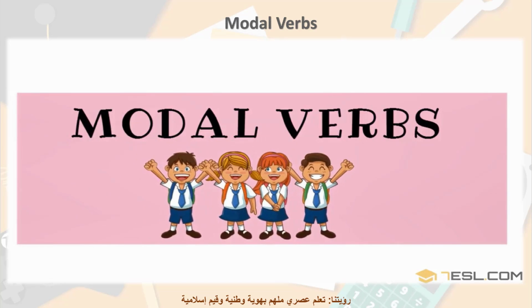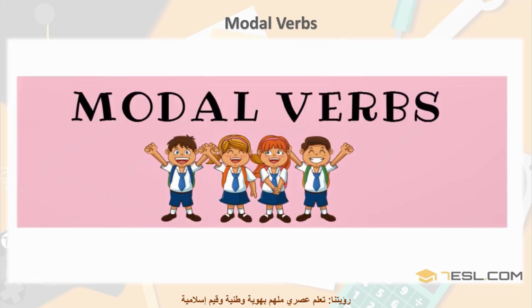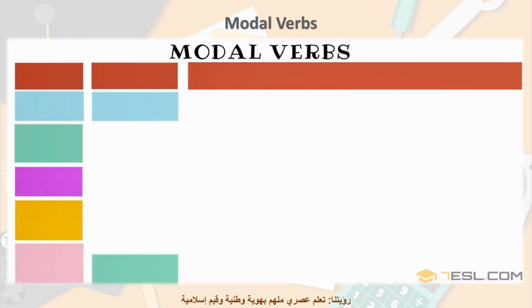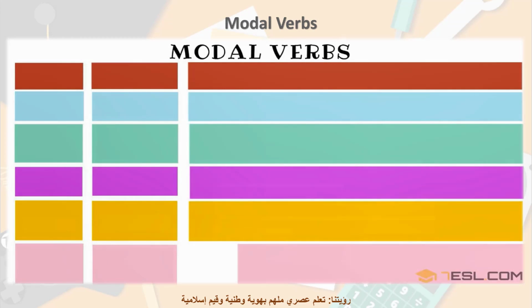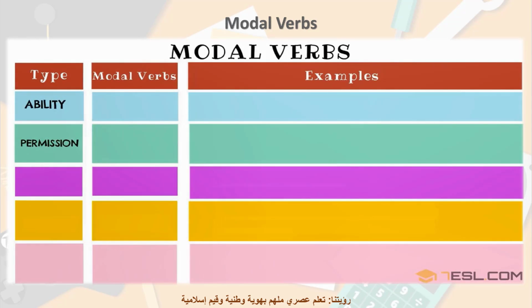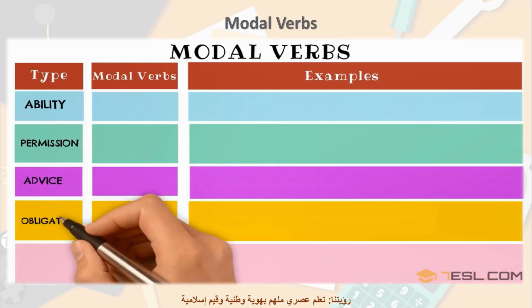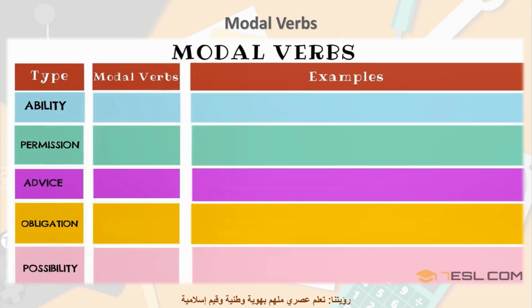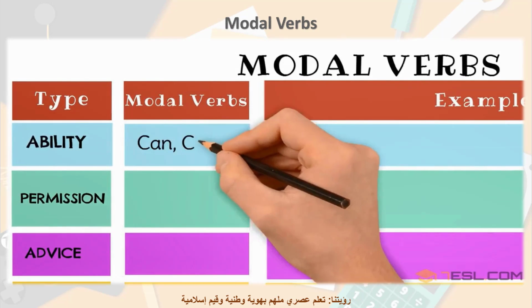Modal verbs. Type modal verbs. Examples: ability, permission, advice, obligation, possibility, can, could.